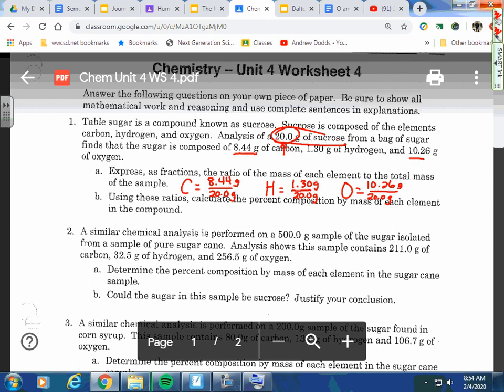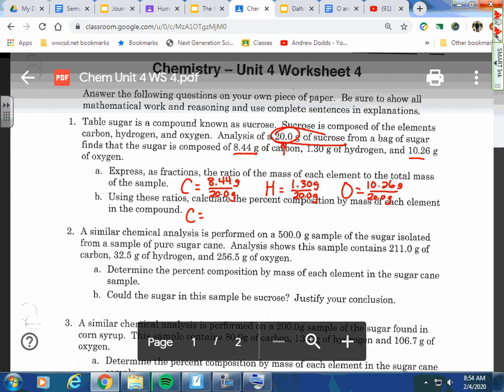It says using these ratios, calculate the percent composition by mass of each element in the compound. So this is what we were working on yesterday. We were talking about percentages, right? So on the percentages, for carbon, I'm just going to do that fraction there. I'm just going to divide it, and it's probably going to give me a decimal that I will then multiply by 100%.